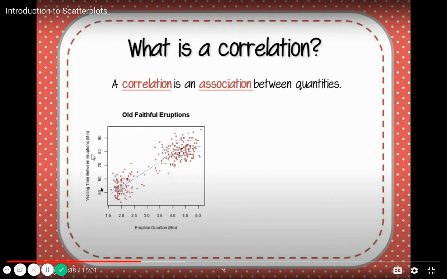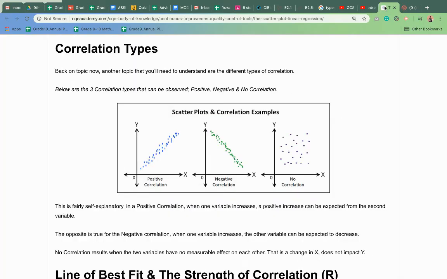So, these correlations are of three types. Let's look at the types of correlations that are there. So in a scatter plot, after marking the xy points, if my points look like they are moving in a positive direction, like this upward direction, then it is called a positive correlation.